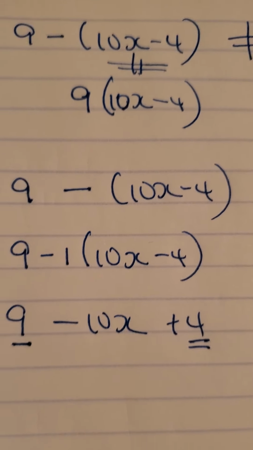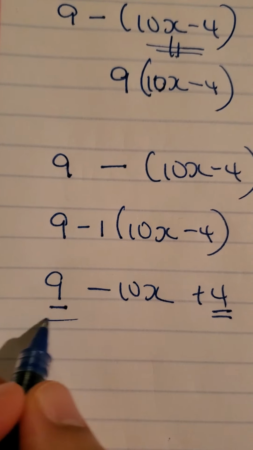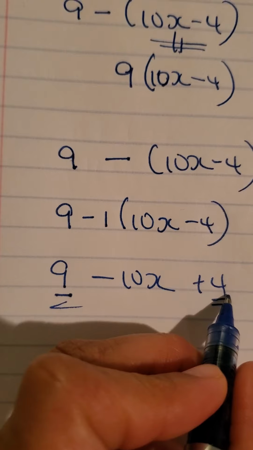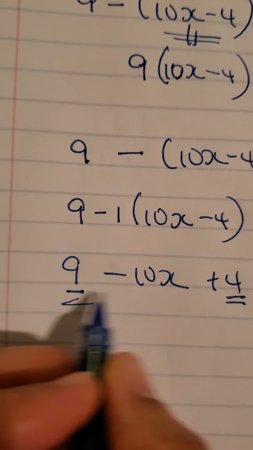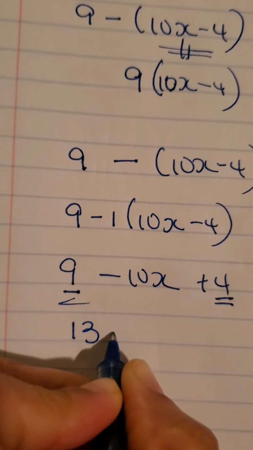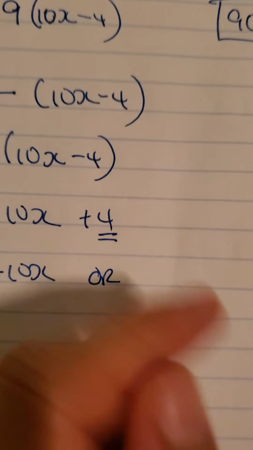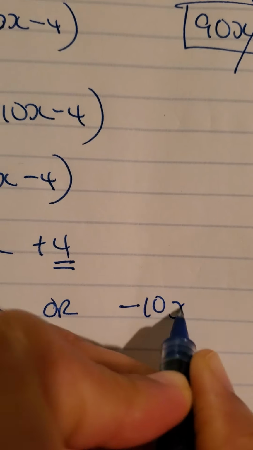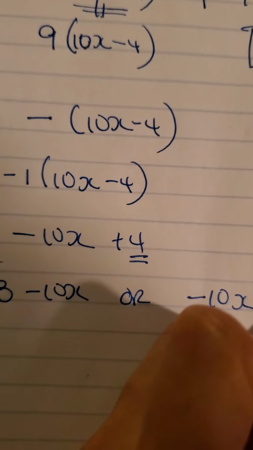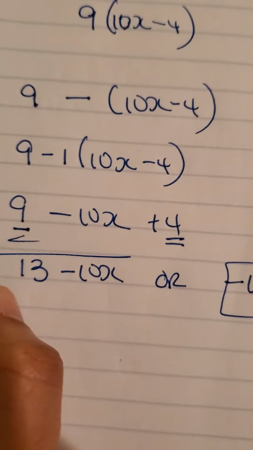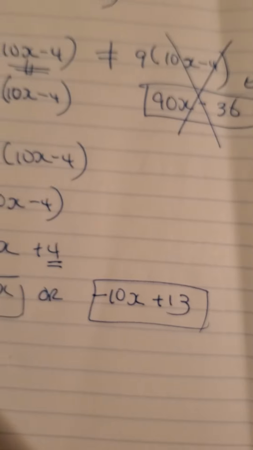Here, the only like terms we have are the two constants, positive 9 and positive 4. Since they're like signs, we add and keep the sign. Or if you want to write it in order of hierarchy, you can write the variable term first and then the constant term. Either one will be fine.